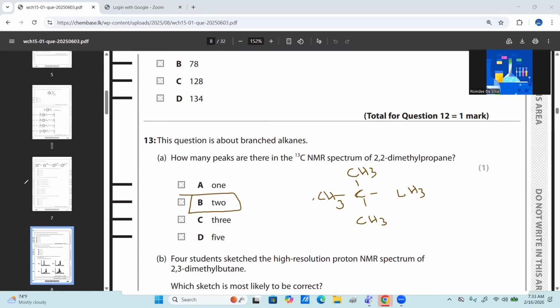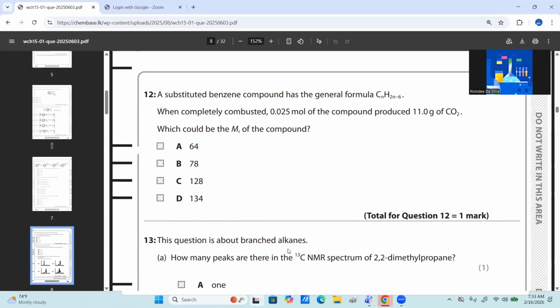Then the next one. Four students sketch the high resolution proton NMR spectrum of 2,3-dimethylbutane. Which sketch is most likely to be correct? Okay. So first I'll find the splitting pattern and the number of proton environments. Then only we can find the correct answer. Otherwise, if you try to look at the spectrum and find the answer, it's a little bit confusing, right? So first I'll draw the compound.